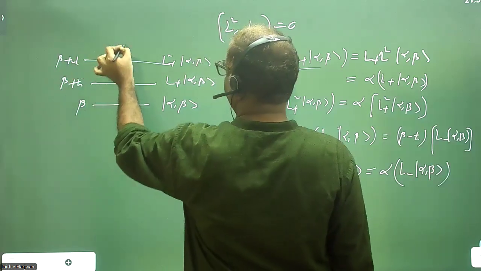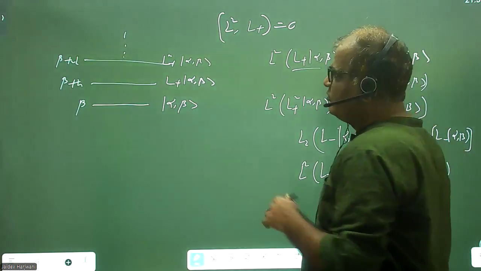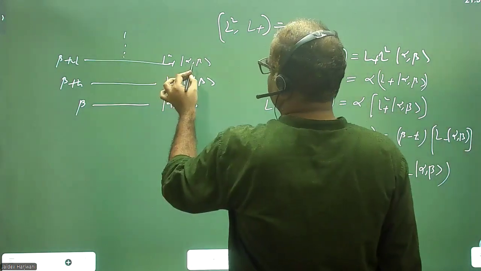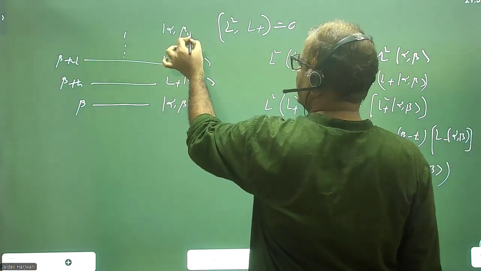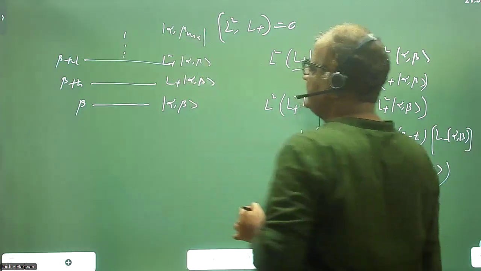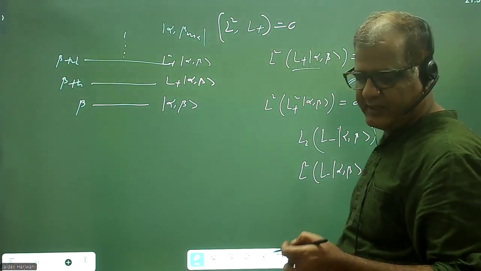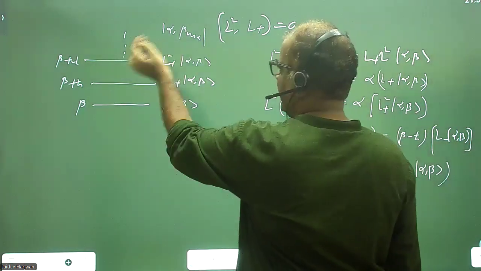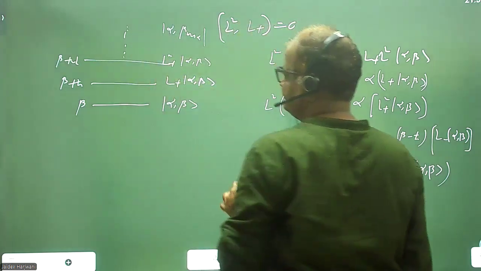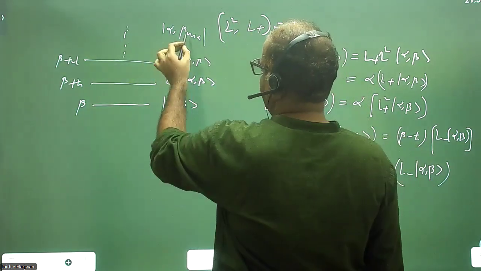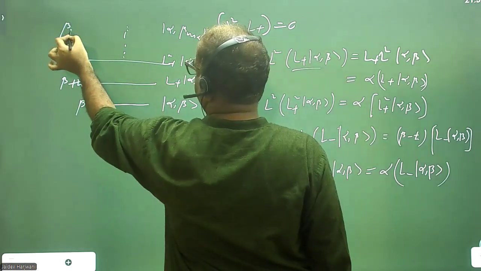If I keep on moving like this, what will happen? I'll get a state where beta is max. Now you cannot increase the eigenvalue by operating with the raising operator. So the eigenvalue will be beta max here.